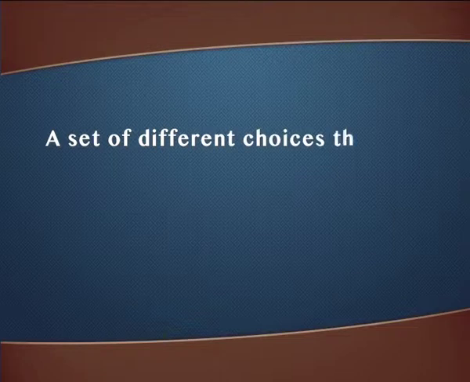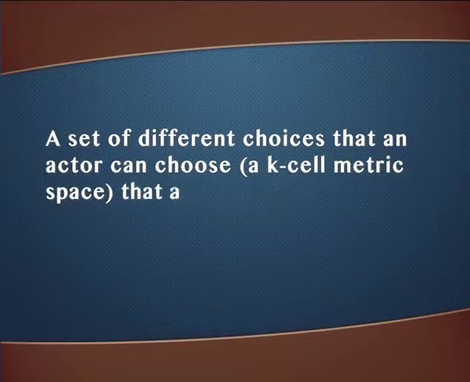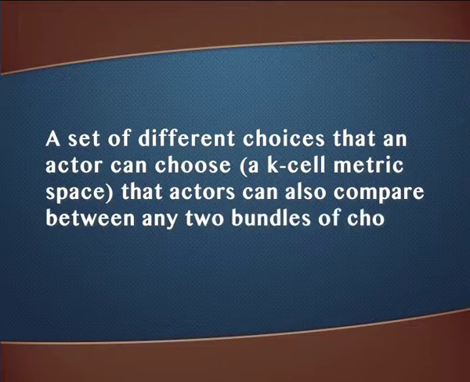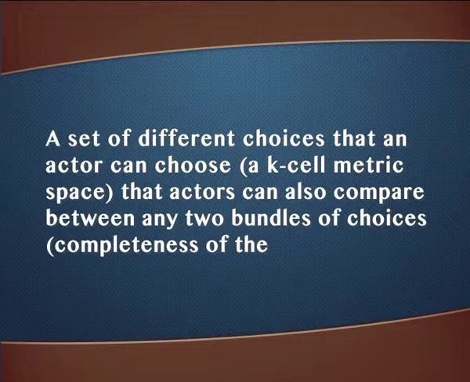Assumptions and definitions. The fundamentals of microeconomics lie in the analysis of preference relations. Preference relations are defined simply to be a set of different choices that an actor can choose, in a K-cell matrix space, that actors can also compare between any two bundles of choices.